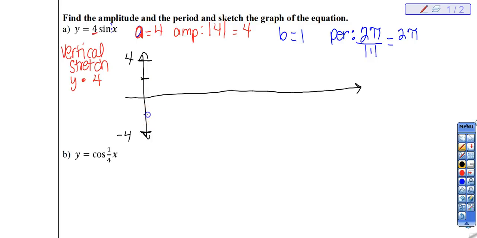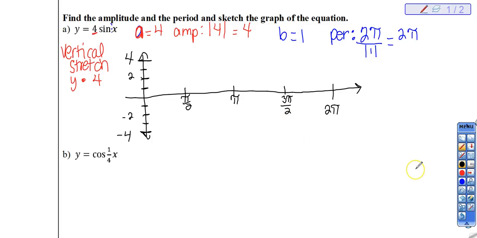So there's 2. Now I'm going to put in my halfway marks, and then I'm going to continue to put in my halfway marks so that I can get a nice evenly distributed scale. And then I'll go out here to 2 pi, because that's my period. So I'm going to go from 0 to 2 pi. I'll cut that in half, pi, and cut that in half, pi over 2, and 3 pi over 2.